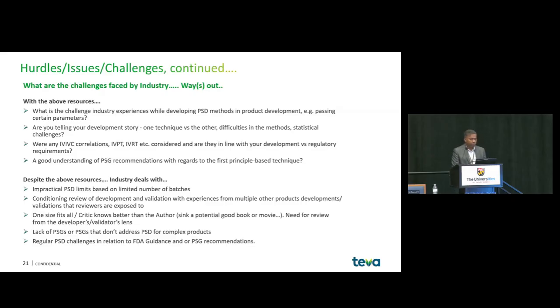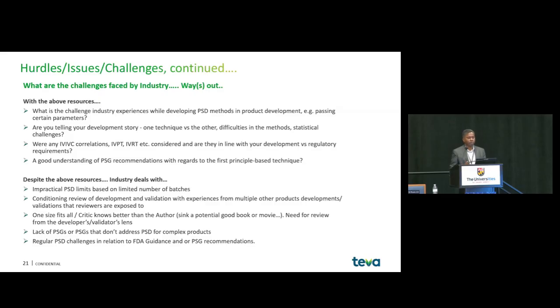So despite the above resources, the industry also deals with impractical PSD limits based on limited number of batches, conditioning review of development validation with the experiences from multiple other products, development validation that reviewers are exposed to. So we have seen this issue where we present a story in the development report, but then we start getting questions.